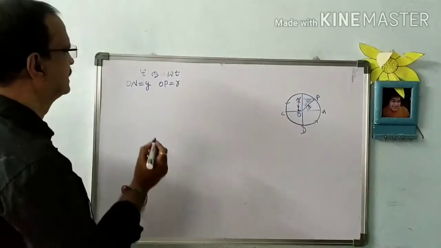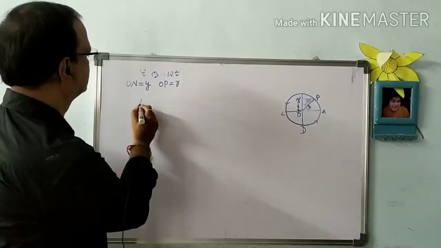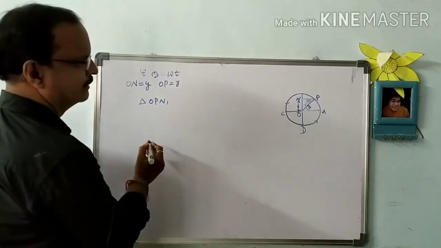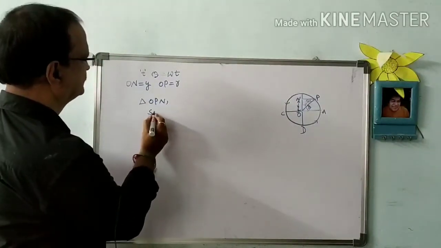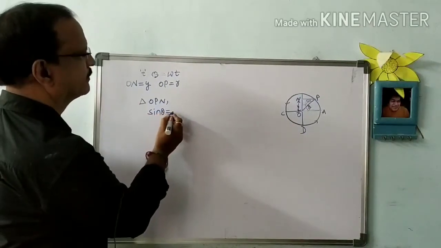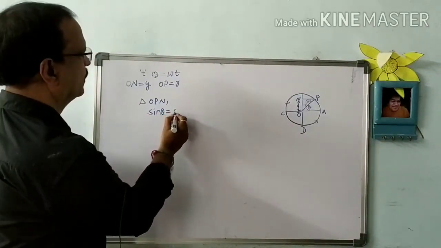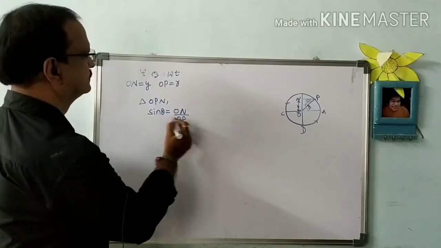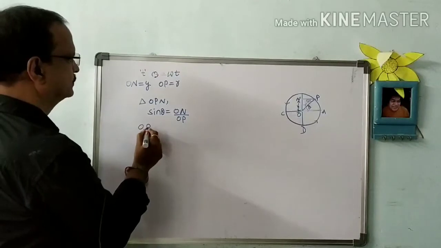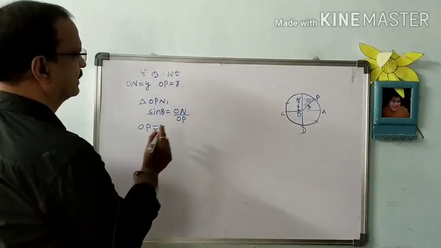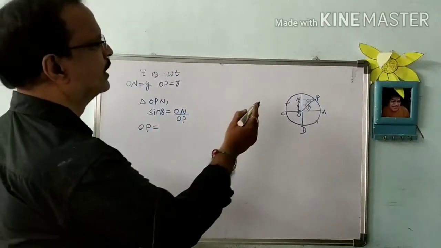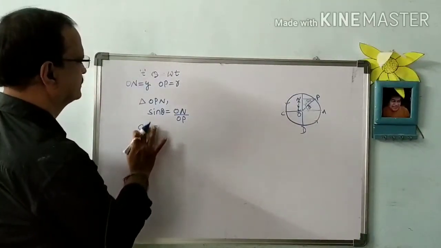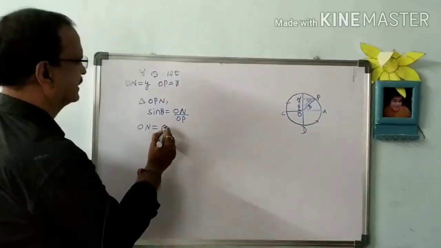Now, from triangle OPN, we can write sin theta is equal to opposite side by hypotenuse, that is, ON by OP. So ON is equal to OP sin theta.